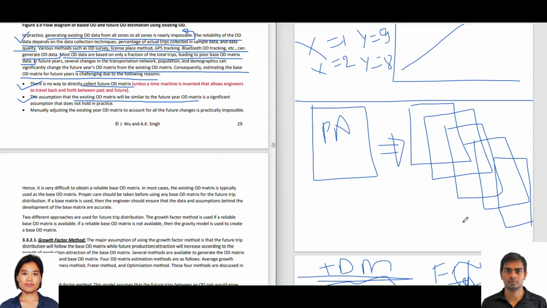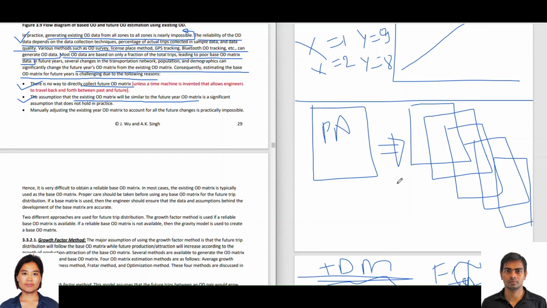Again, we started with trip generation, then we came up with an infinite set of OD solutions that satisfy this PA table. Now we are trying to pick, out of this infinite set of solutions, which one we should pick. One way is to pick a future OD that looks like the existing one, and we can pick the OD that looks like what we are supposed to generate based on future travel patterns, future land use developments, and the roadway network.